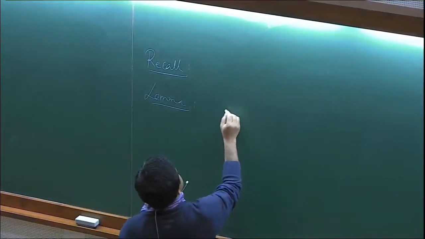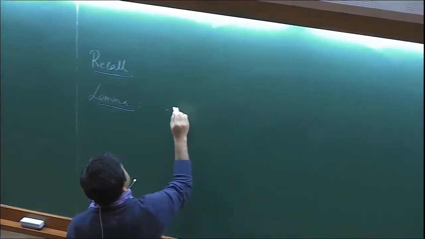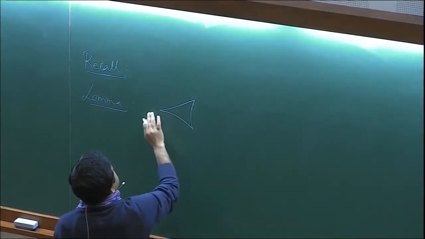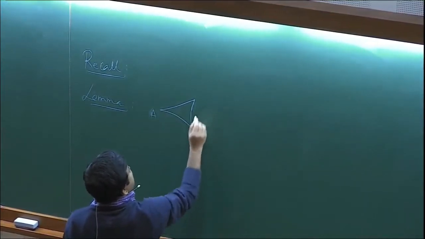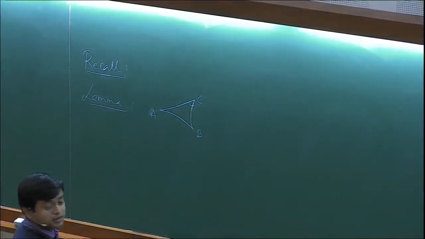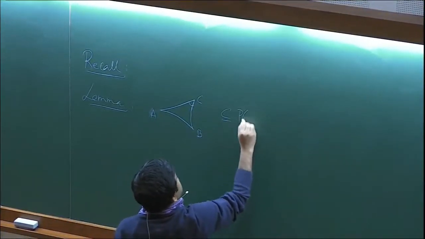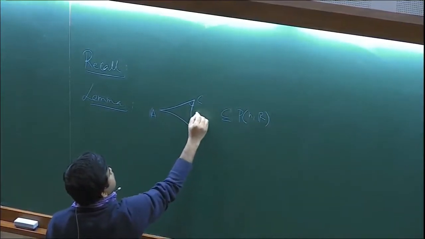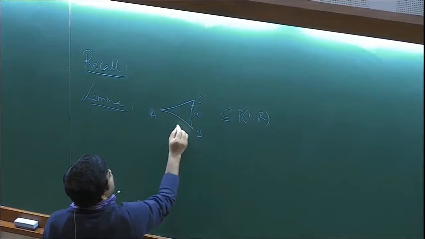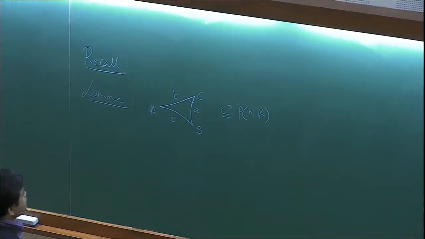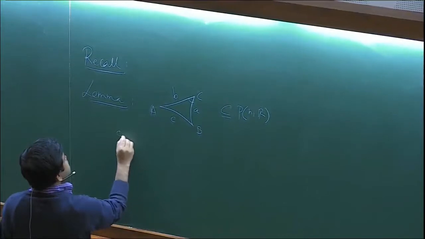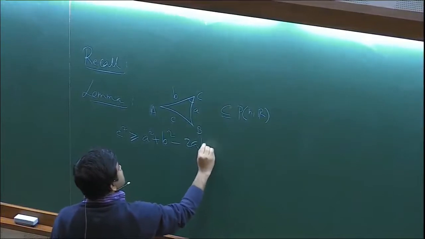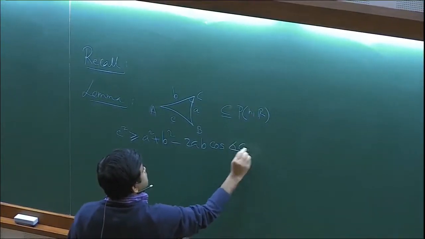Suppose I have a geodesic triangle ABC inside my space P_n(R), and I denote the lengths like this. Then I have this inequality that c squared is greater than or equal to a squared plus b squared minus twice ab cosine of the angle at C.